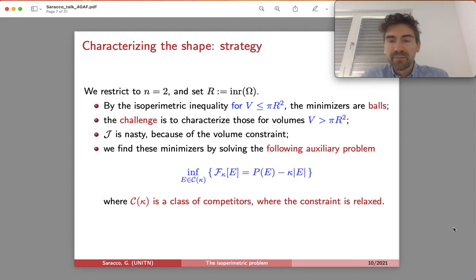Minimizers are balls. So the true challenge is to characterize minimizers for higher volumes, for greater volumes.